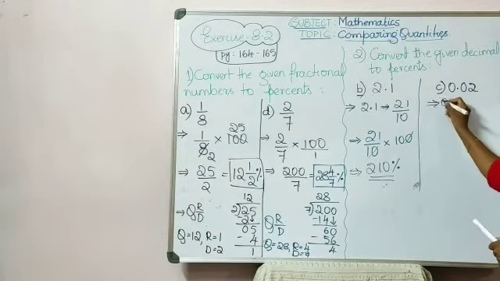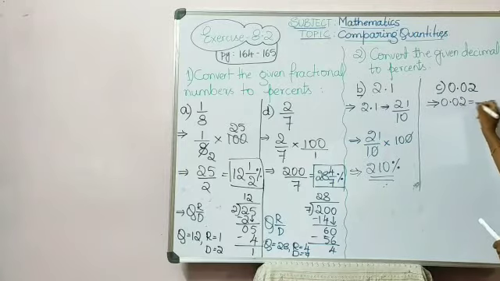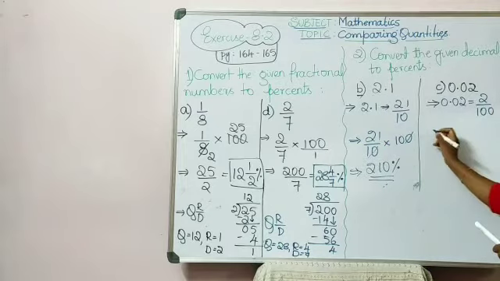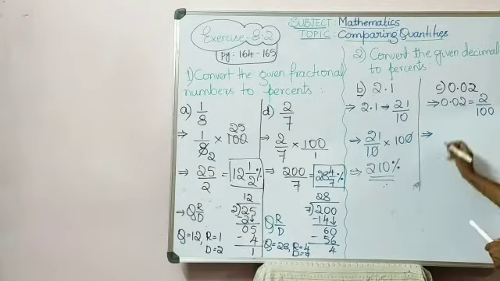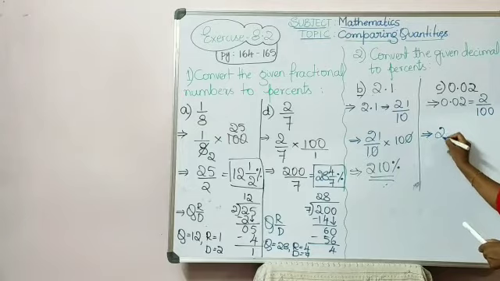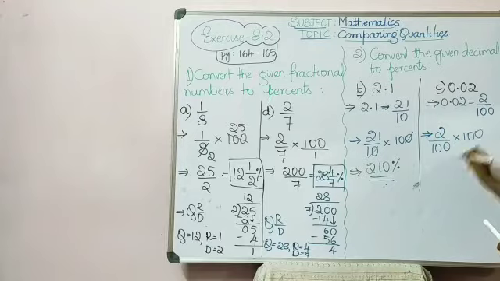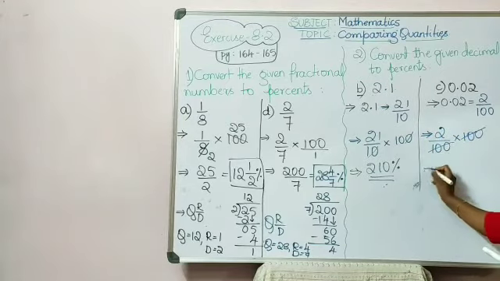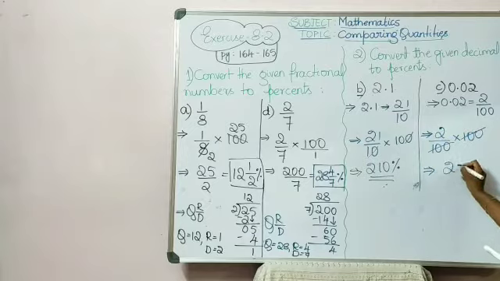When I convert 0.02 into a fraction, I get 2 by 100. To convert this into a percent, I have to multiply 2 by 100 into 100. 100 and 100 get cancelled. Only 2 remains. So the answer is 2%. So the answer for 0.02 is 2%.